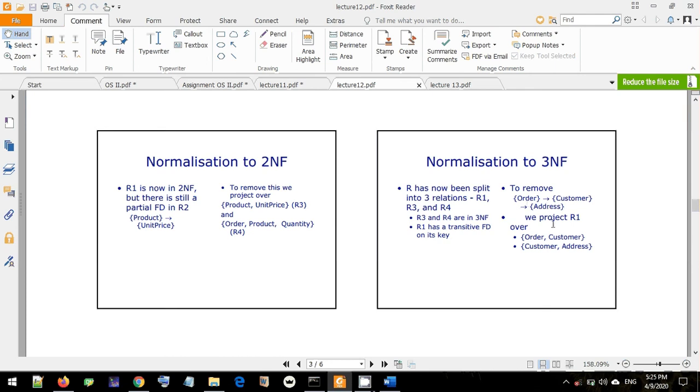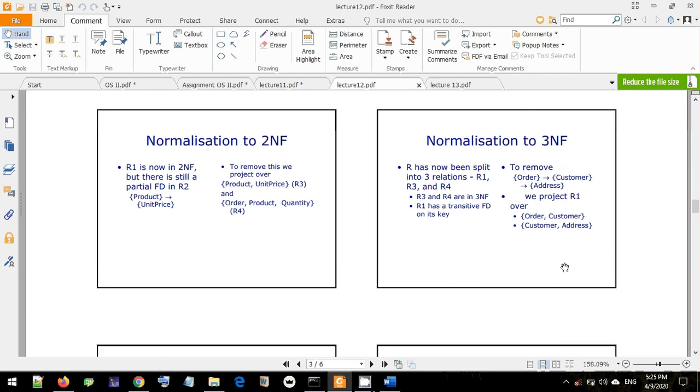So to solve this, we project R1 into two other tables, order and customer, and customer and address. That will solve that transitive functional dependency.